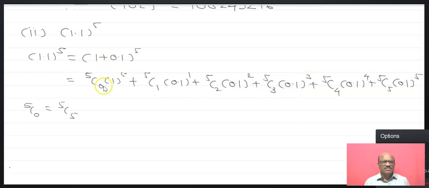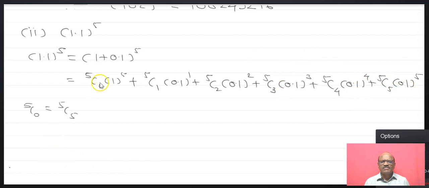The first term, the power of 1, the answer is always 1, because our point is that 0.1 raised to 1, 0.1 raised to 2, 3, 4, and 5.